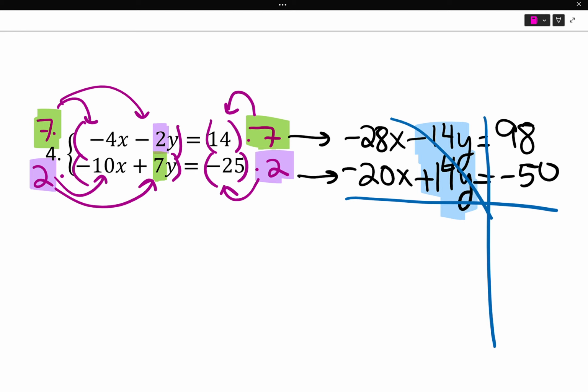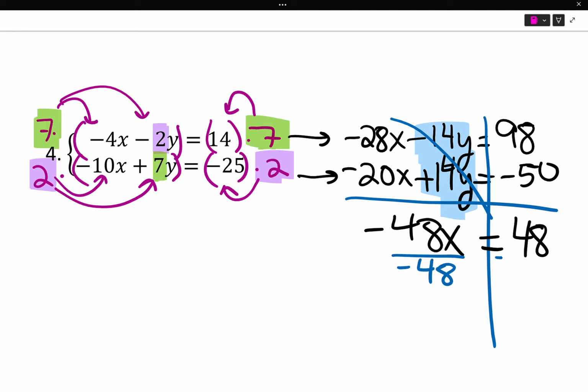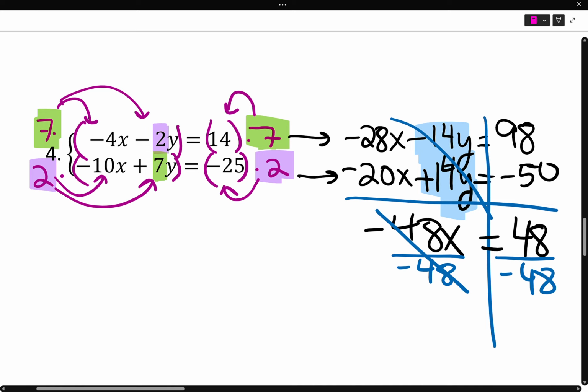Let's add. Negative 28 plus negative 20 is negative 48. 98 plus negative 50 is 48. We're going to divide both sides by negative 48 since that's the number in front of x. X equals negative 1.